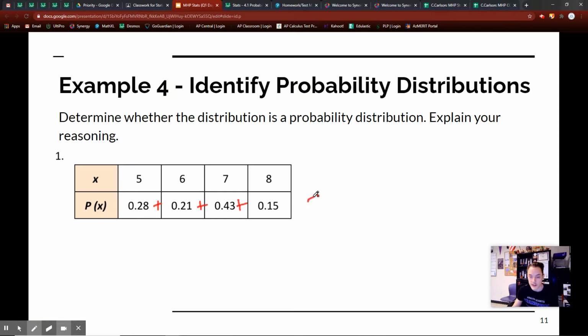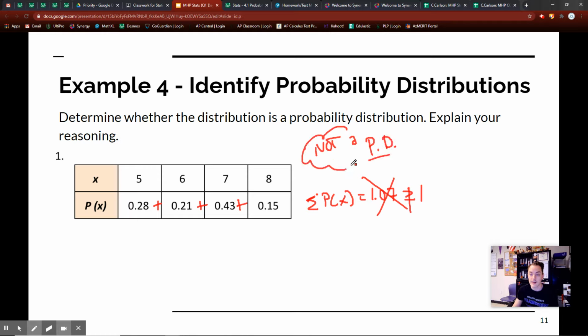What do I get when I add my probabilities all together? What I actually get is 1.07, which is definitely not equal to 1, which means that's not a probability distribution. I'll abbreviate here. Okay? Awesome.